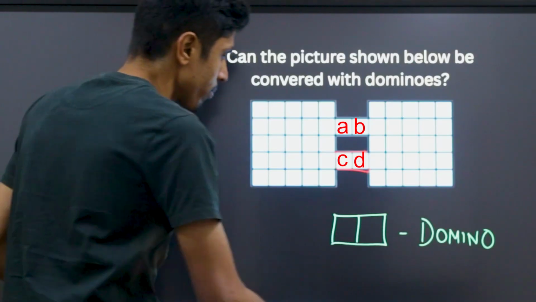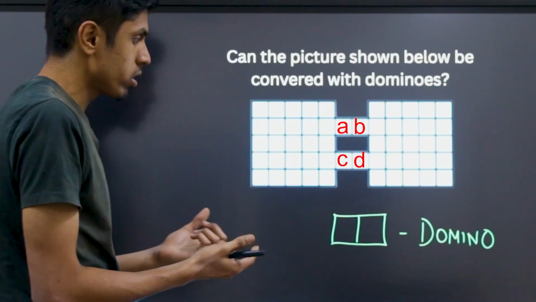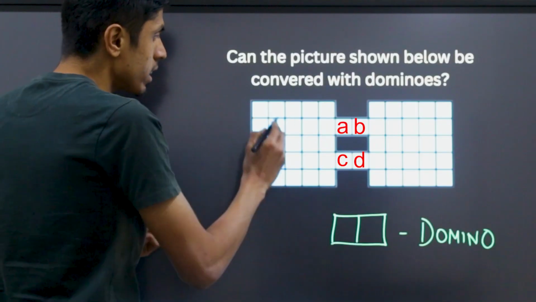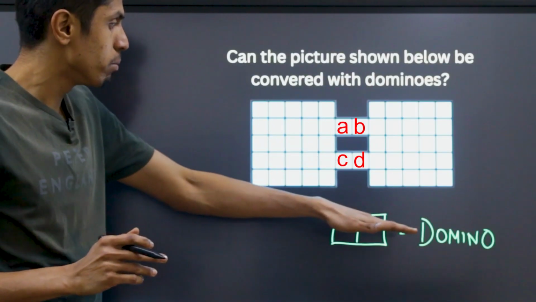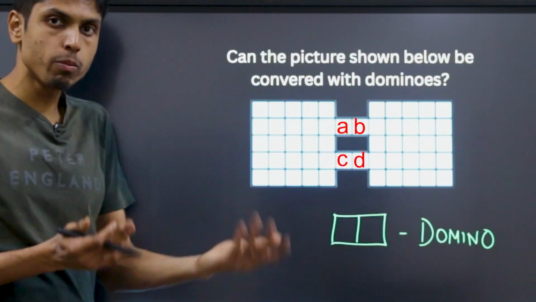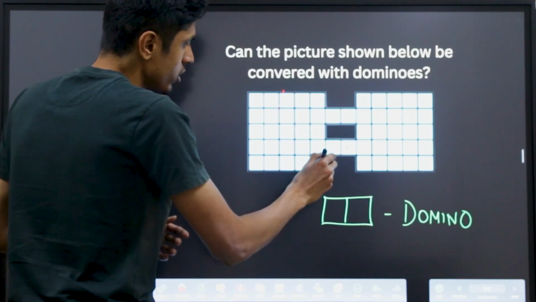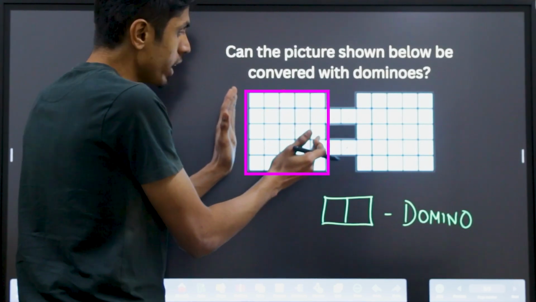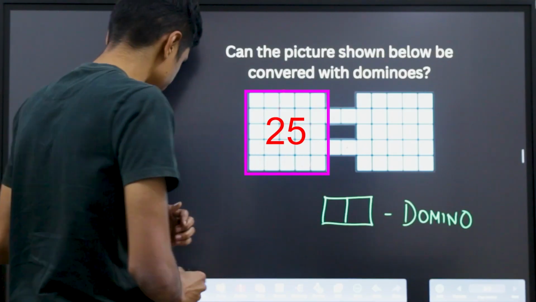Since dominoes act as the building block of this cover, they can only cover an even number of cells, as each building block is made of an even number of cells. So even plus even plus even will always be even. Whereas the left 5x5 square has 25 unit cells, which is an odd number.